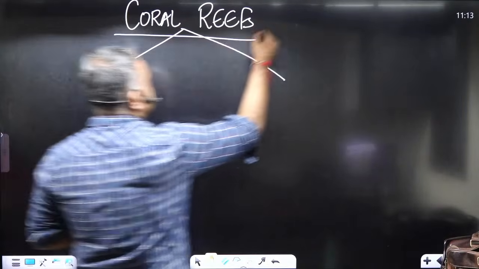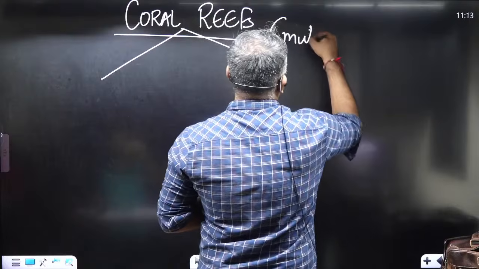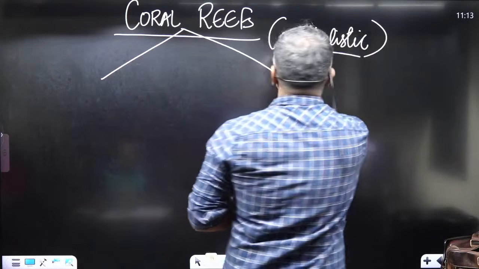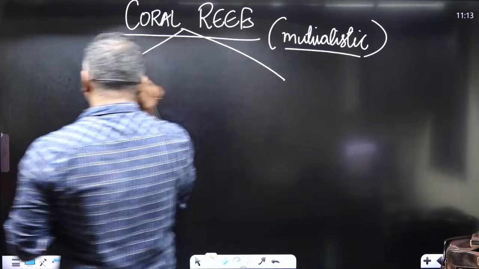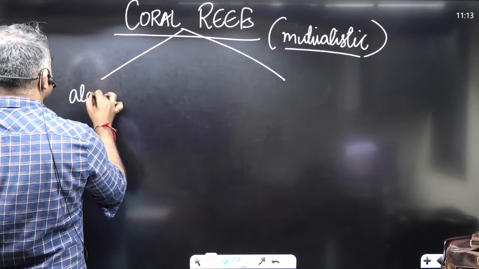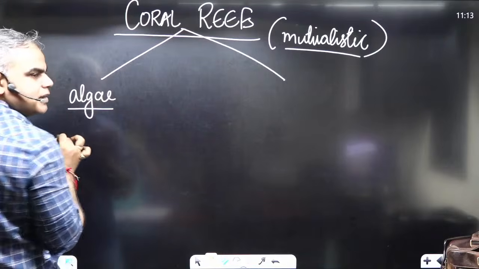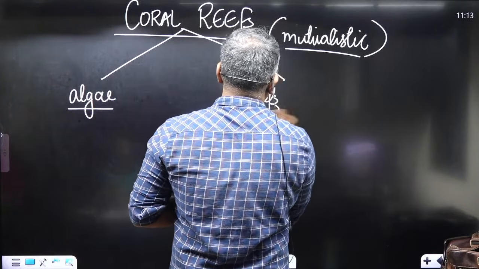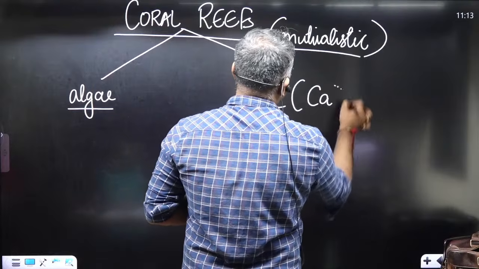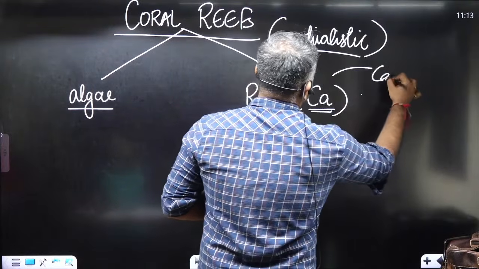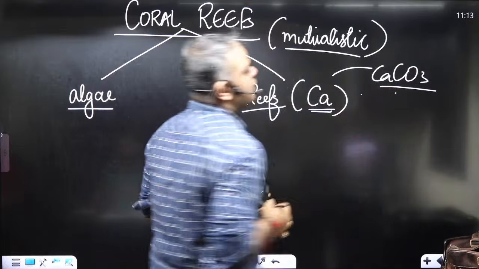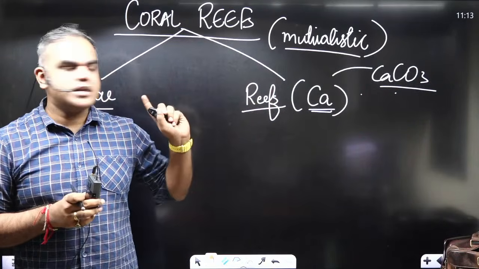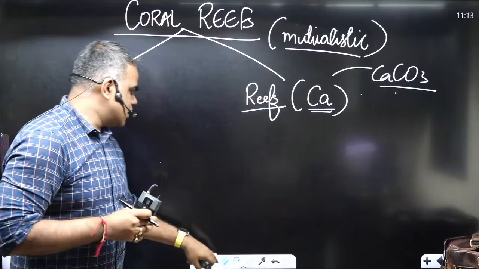It is, again, please remember, a mutualistic association. Now, in very simple terms, it has an algae and there are reefs. Reefs are created because of calcium, basically calcium carbonate चाहिए होता है. Reef formation requires calcium carbonate, right? And you'll understand क्यों चाहिए होता है.